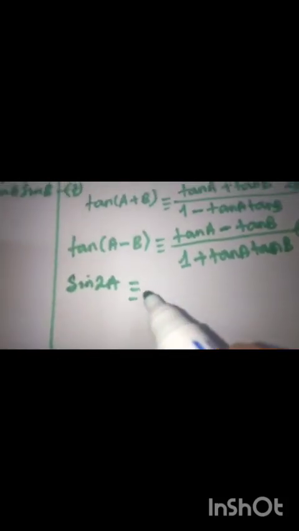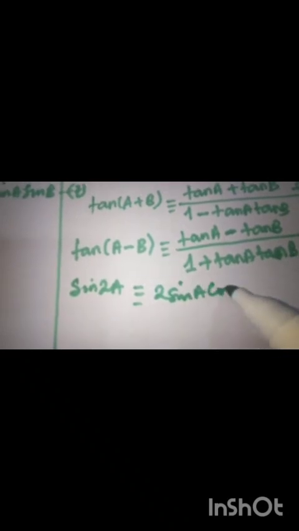If you have A plus B, and you replace B by A, we have sine A plus A, so sine A cos A plus cos A sine A, which gives us 2 sine A cos A. Sine A plus A means sine 2A, so sine 2A is 2 sine A cos A.